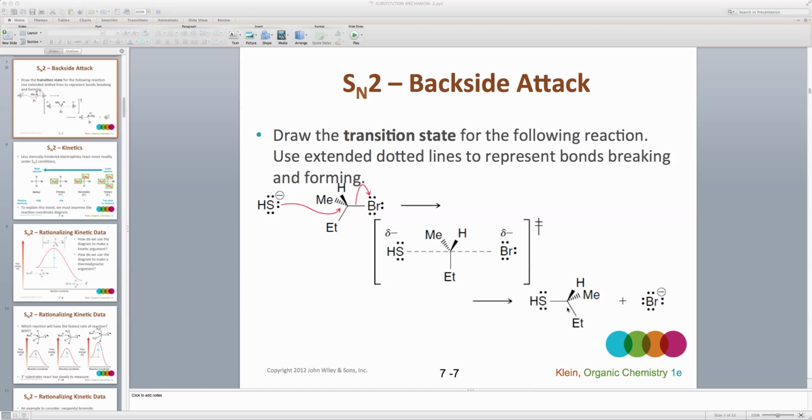In products, however, after the bond is made, they're all pointing to the right. This will serve to completely invert the stereochemistry. In fact, let's take a moment to label this as R or S.